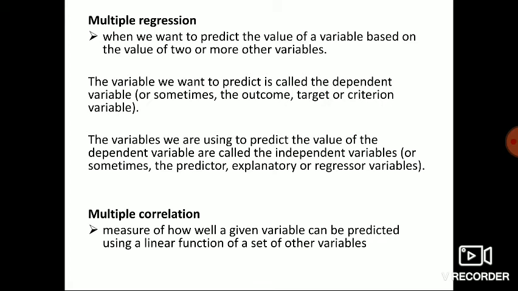In such situations we go for multiple regression. In order to know the outcome of one variable based on the influence of two or more variables, we go for multiple regression. But multiple correlation is used to measure how well a given variable can be predicted using a linear function of a set of other variables.